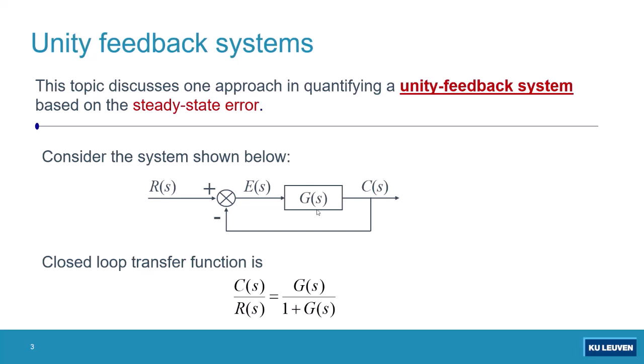Therefore, the closed loop transfer function that represents the relationship between C and R can be written as you can see in the bottom side of this slide. C over R, the transfer function, is equal to G over 1 plus G, where again G is the open loop transfer function of this unity feedback system.